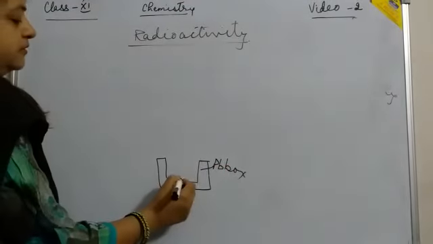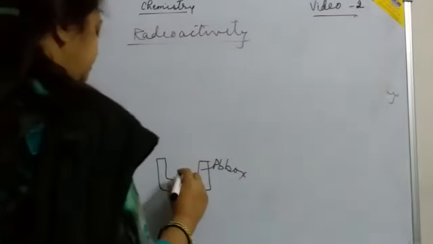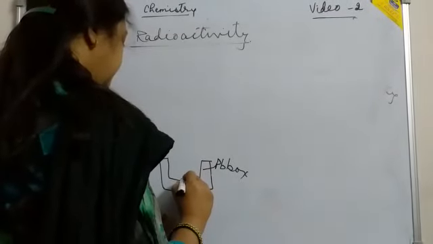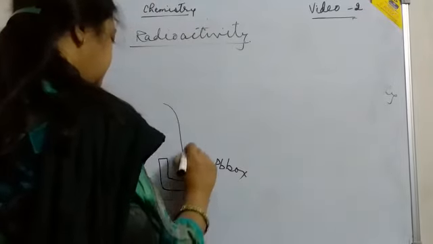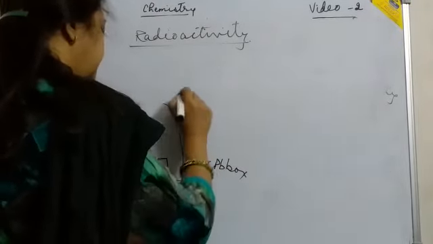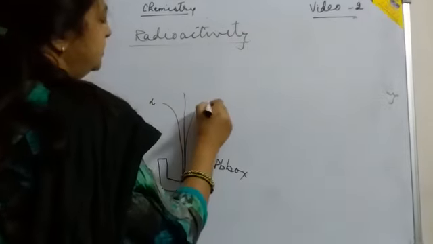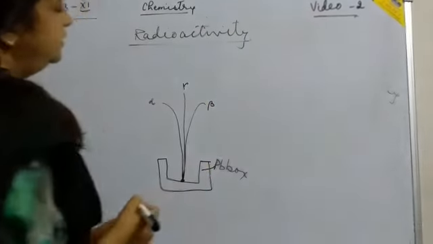There are three types of emission from the radioactive substance: alpha, beta and gamma. There are alpha ray, beta ray and gamma ray.